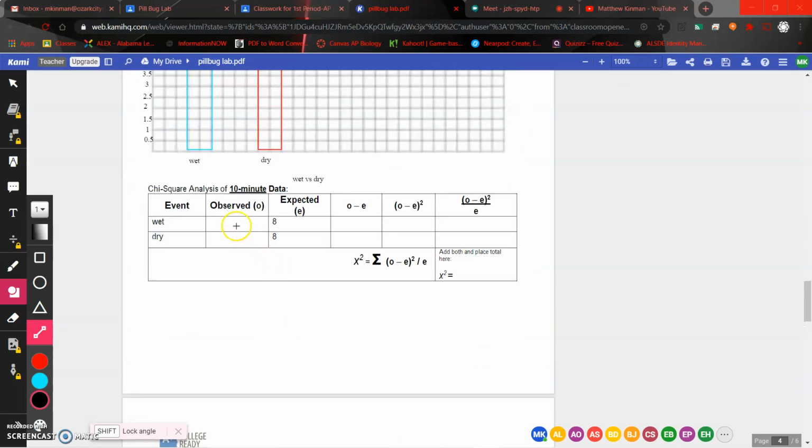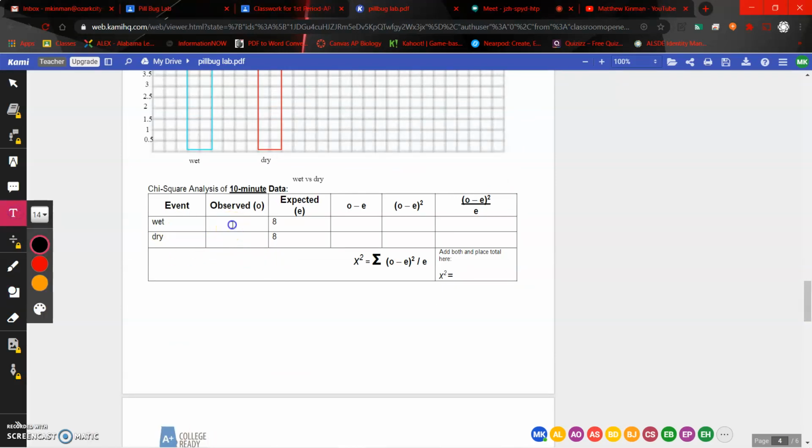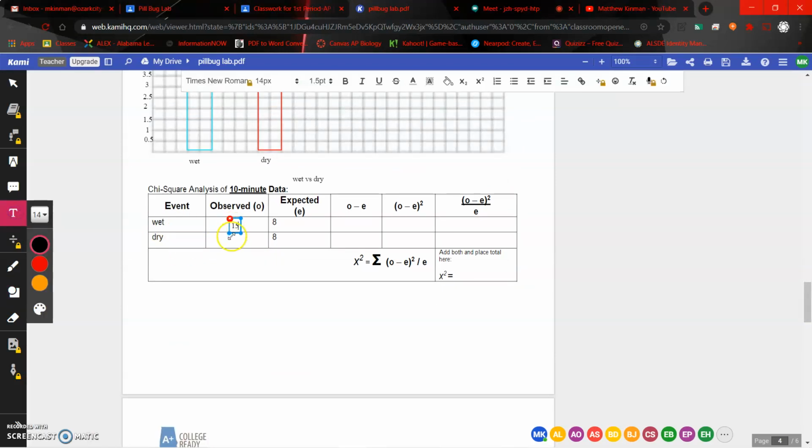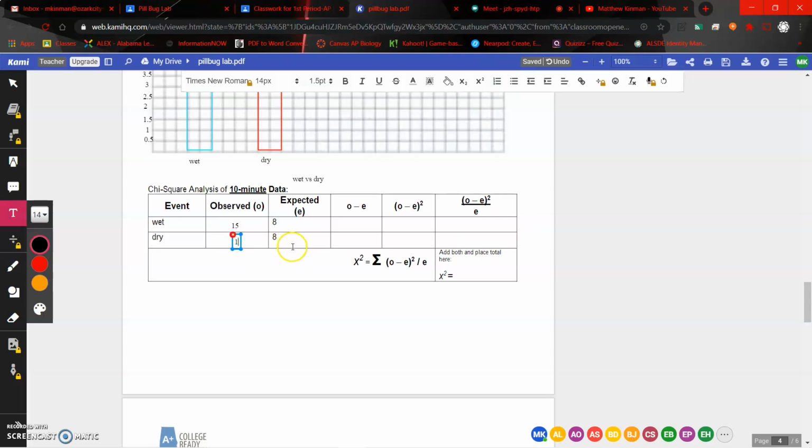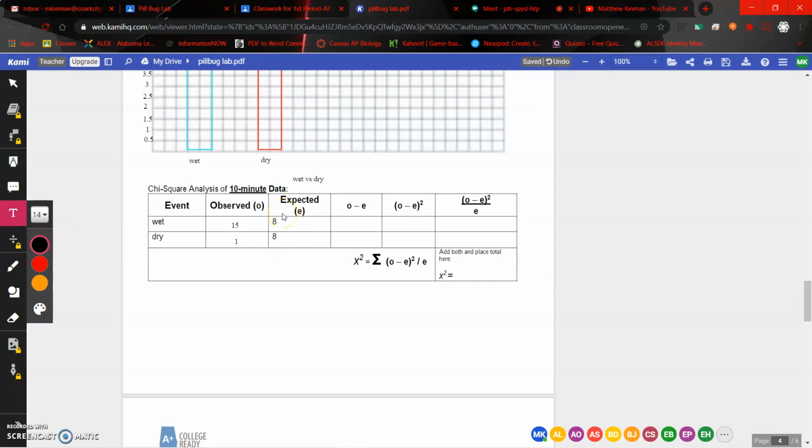So 15 and 1 in the text boxes. And then we expect, based on our null hypothesis, if they're not choosing a side and just moving at random, then we expect there to be 8 on one side, 8 on the other, because otherwise they have no reason to move to another side. But we realistically think that they are moving to another side for a reason.